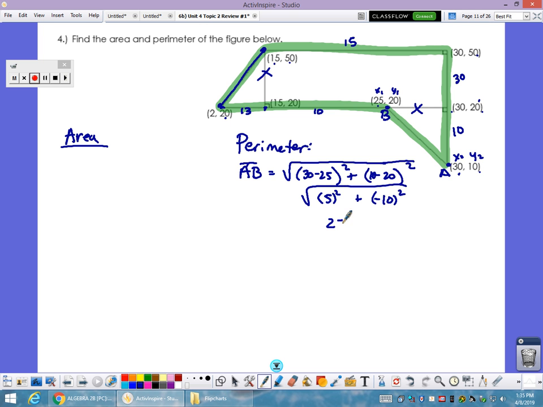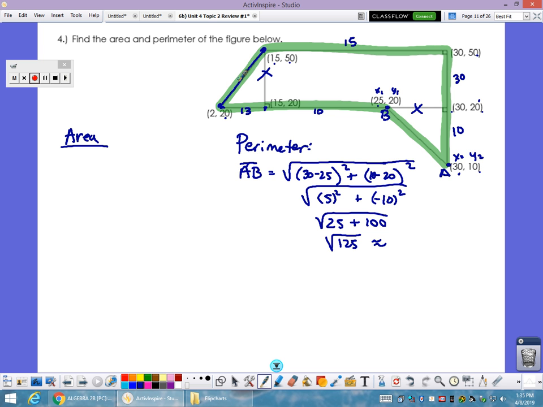All right, 5 squared is 25. 10 squared is 100. Square root, so the square root of 125, which is not 15. Okay, so we don't say 10 and 5. We have to add it together before we take the square root. So we can approximate that. All right, then you'd want to find the distance here and then add all of those pieces together, right?